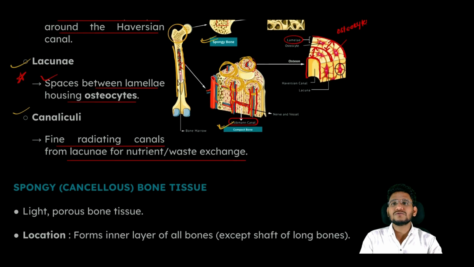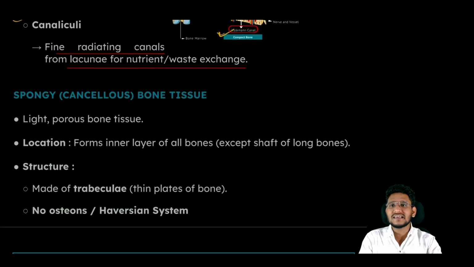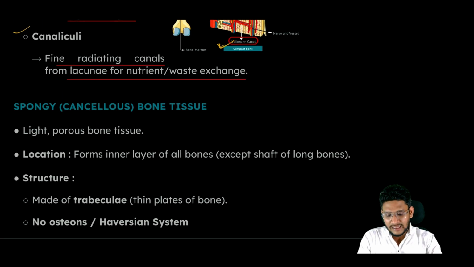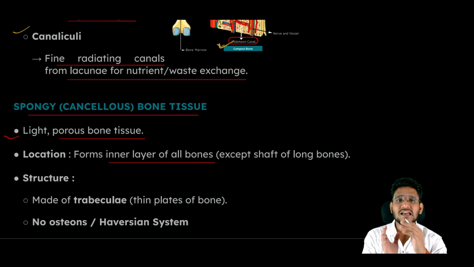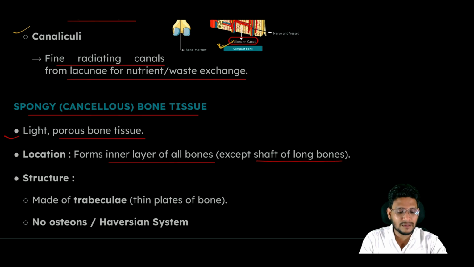After compact bone tissue, we have spongy or cancellous bone tissue. This spongy or cancellous bone tissue is light porous bone tissue, and it is located in the inner layer of all bones. It forms the inner layer of all bones except the shaft part of the bones.